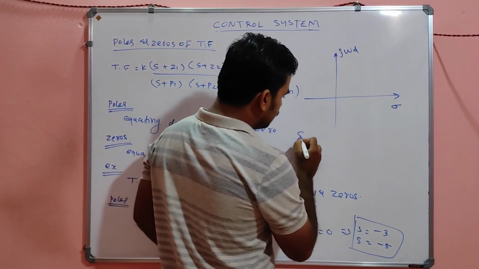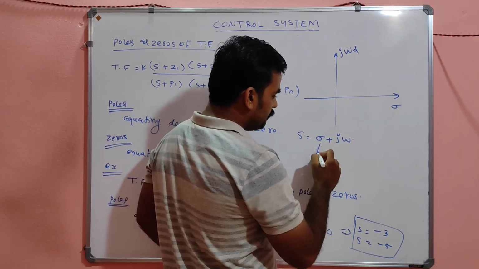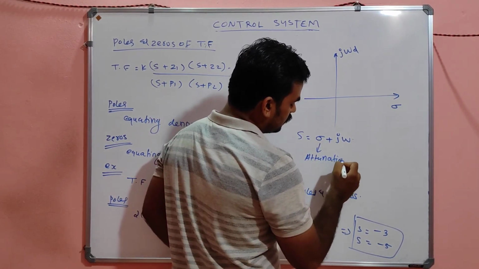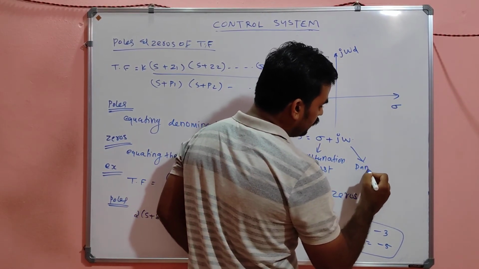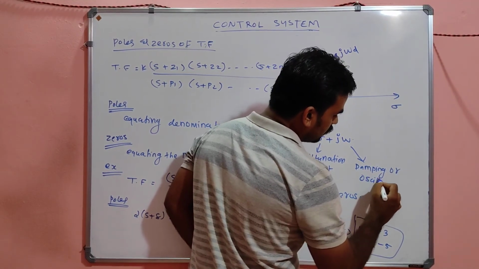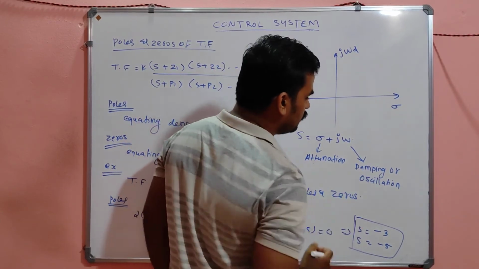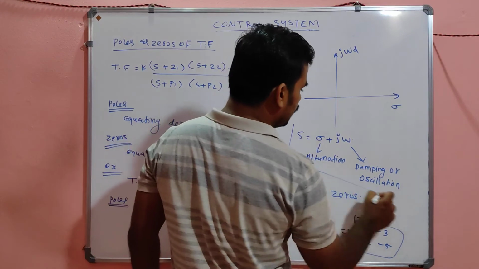Or I can say S is equal to sigma plus j omega, where sigma is called the attenuation constant, and j omega is the damping or oscillation. This concept is very, very important.